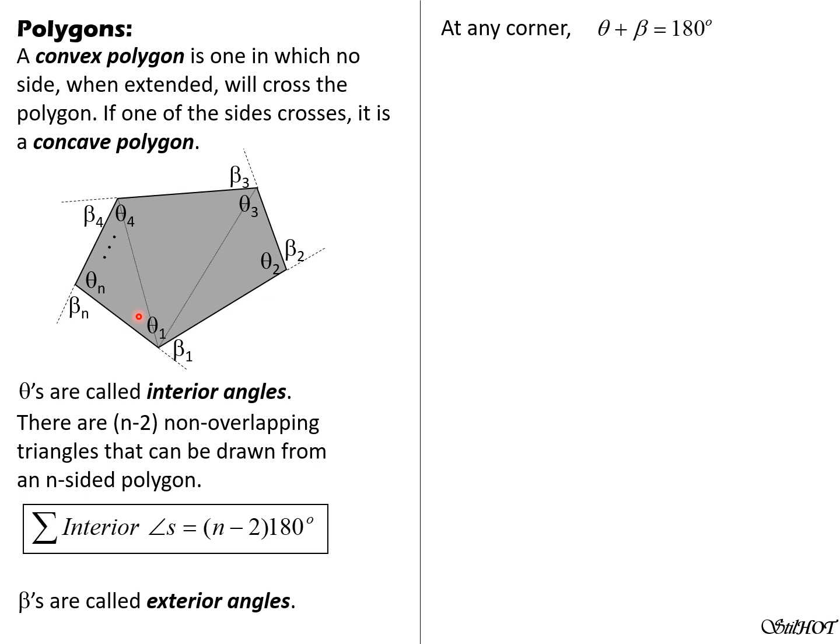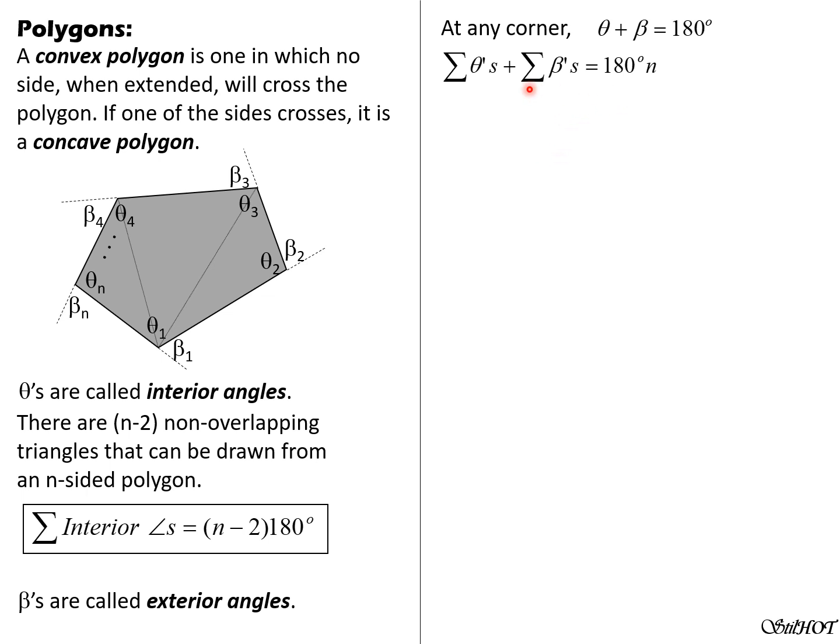Therefore, summation of interior angles thetas plus summation of exterior angles betas is equal to 180 degrees times n, because there are n corners, or n sides.